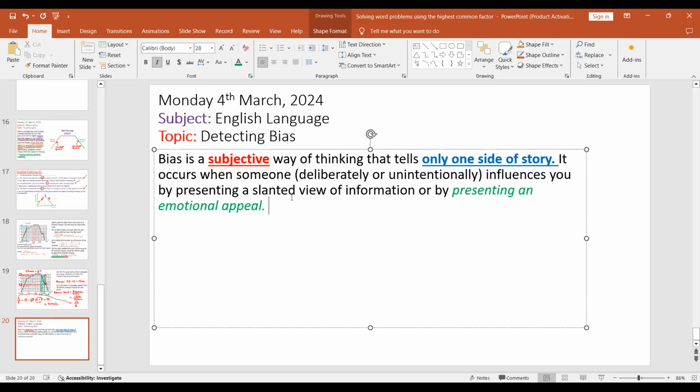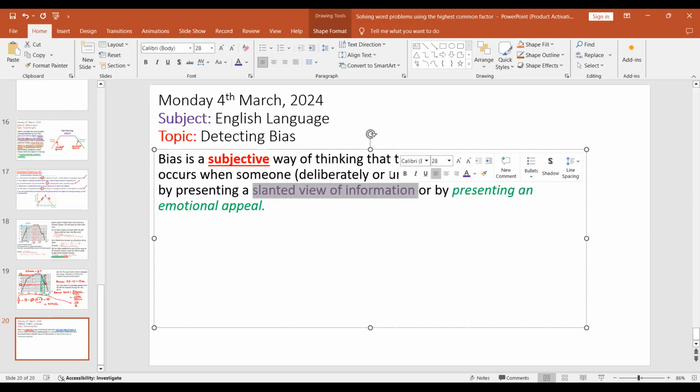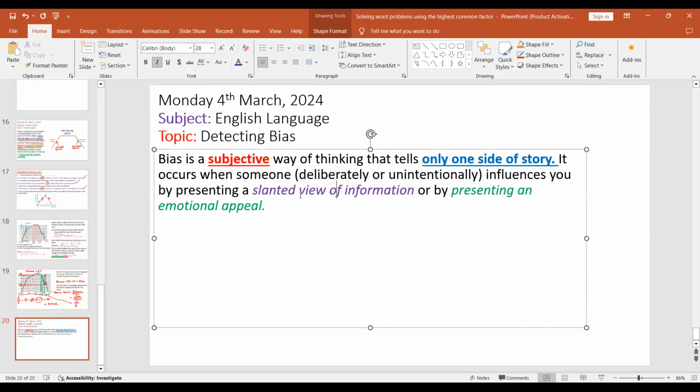When something is biased, it's slanted, right? It's a slanted view of information. It's not the correct truth. It's perverted. So because it's slanted and because it's not the right way, the result is that sometimes inaccurate information is presented.